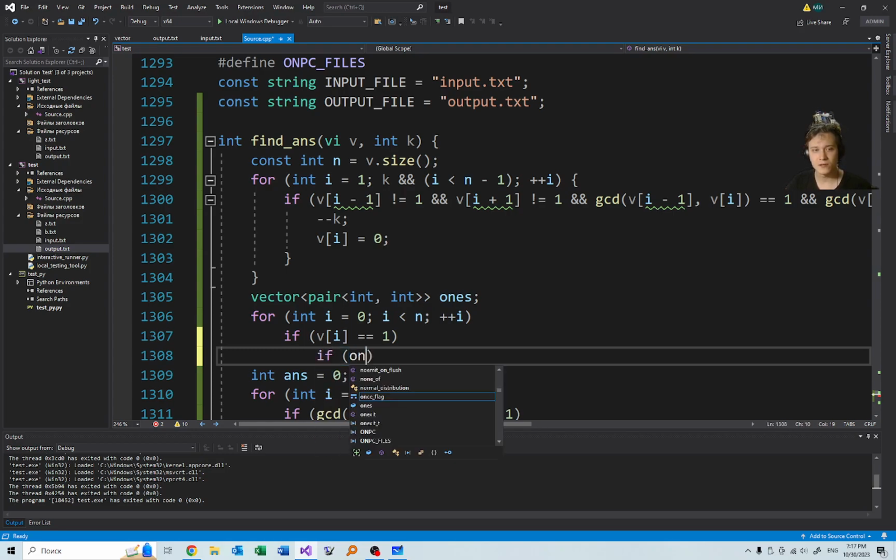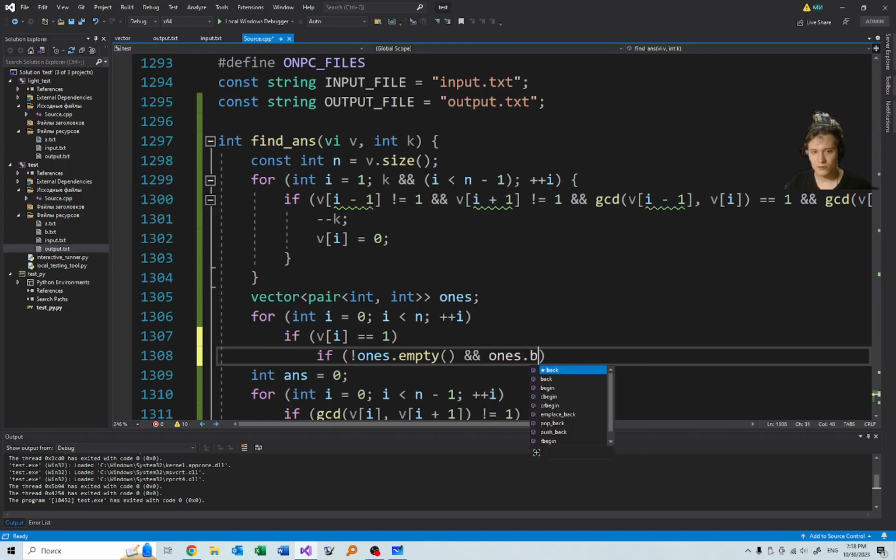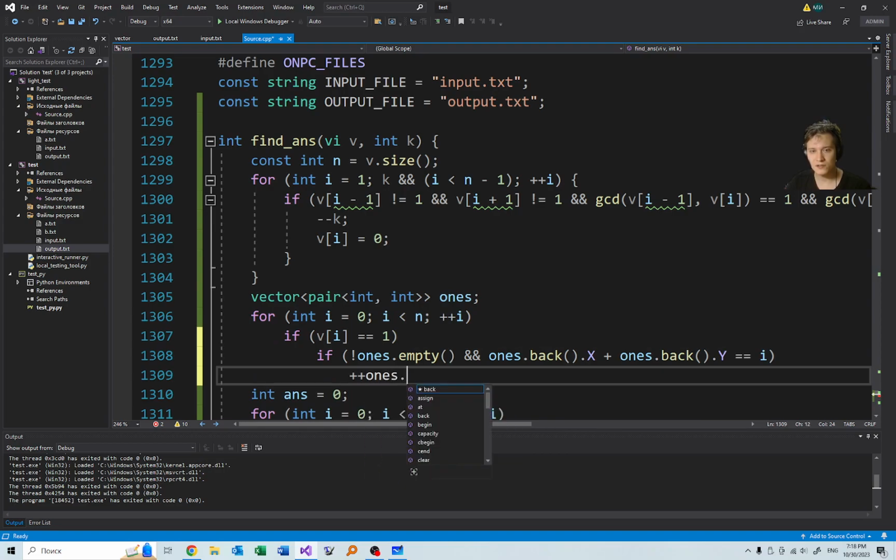If ones is not empty, and if we take ones.back.first plus ones.back.second, if this is i, then we need to increase ones.back.x.